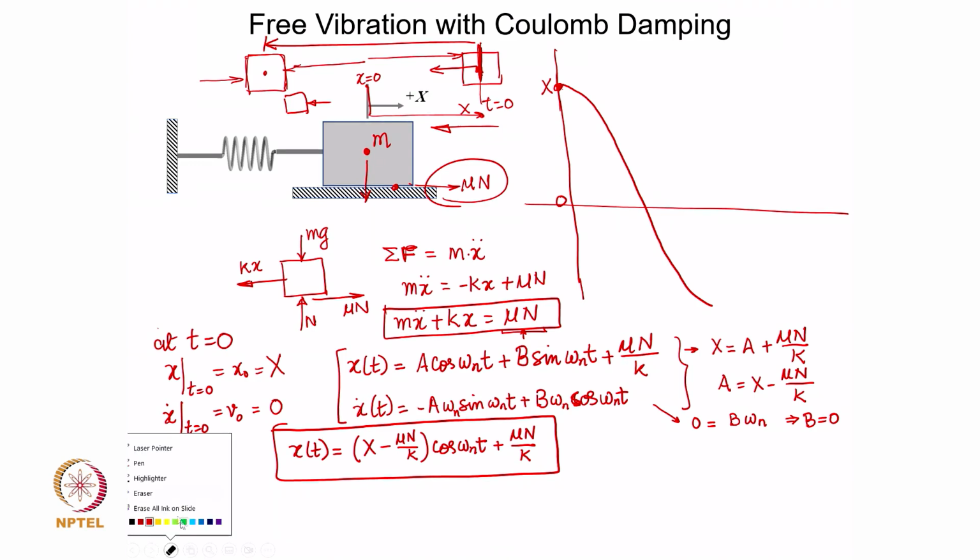So, I am going to update the equation of motion for the second half cycle of motion. The governing equation of motion is going to be, as the motion happens from left to right, the friction force in that case is going to act in the leftward direction.